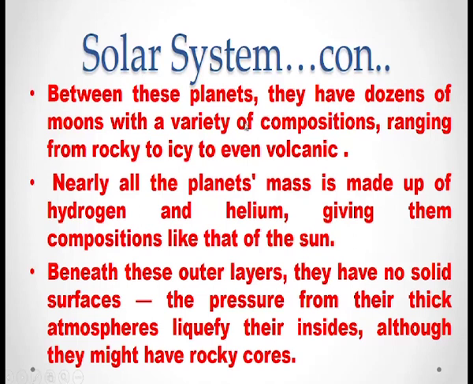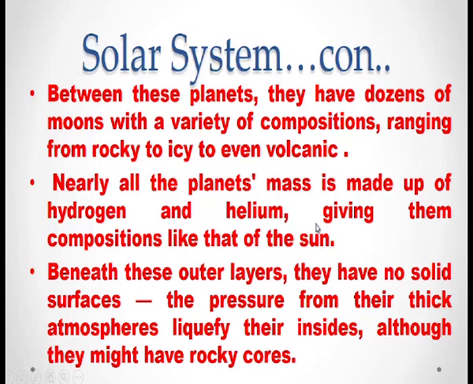Between the inner planets and outer planets, there are dozens of moons with a variety of compositions. The moon compositions range from rocky to icy, and even volcanic things are there between these planets.